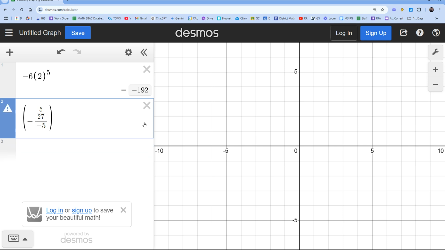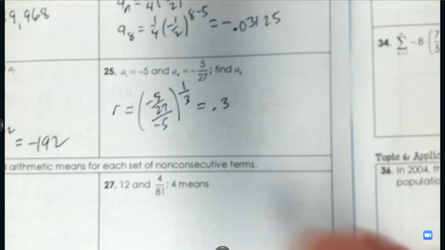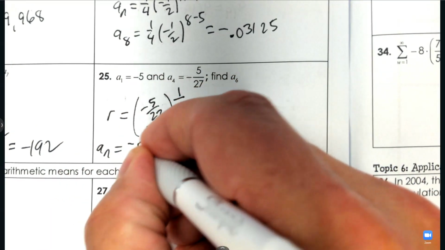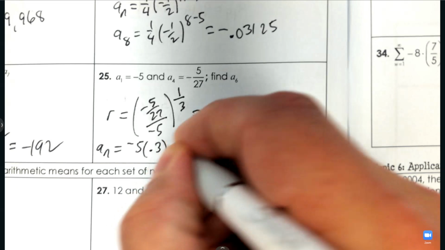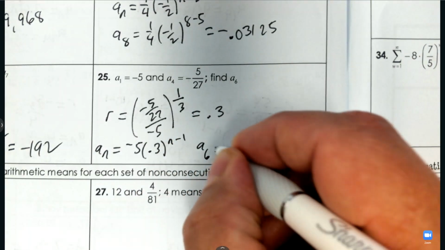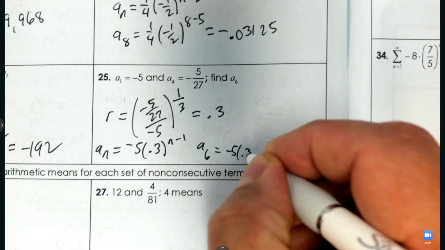Oh, why is it not doing an exponent? There it is. So it's 0.3 repeating. 0.3 repeating is the same as a third. It's fine. 0.3. And then to find A6, we need a formula. So A1 is negative 5. The r we're going to just call 0.3 to the n minus 1. And then we're going to plug in 6 and get our answer.